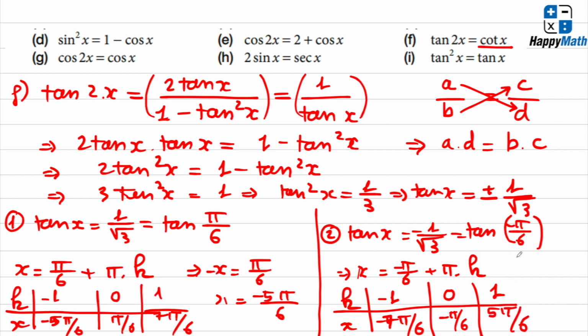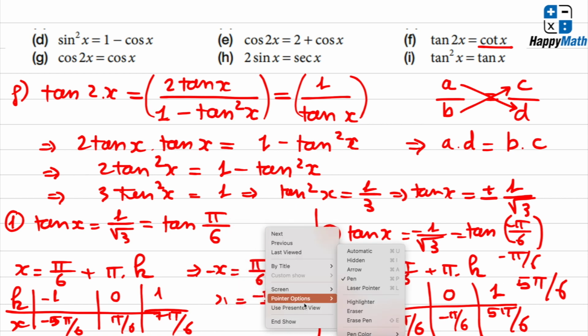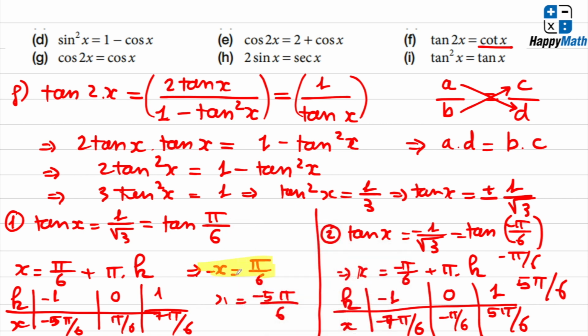Yes, so you get two solutions: minus pi over 6 and 5 pi over 6. 4 solutions in total: 1, 2, 3, and 4. Okay, sorry, this is not minus h, this is plus h. Yeah, we finished question F.